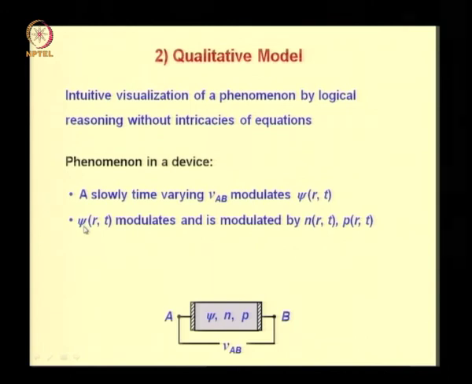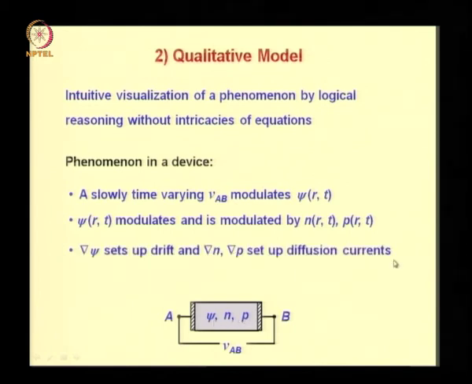The next step is that the potential distribution psi modulates and is modulated by the electron and hole distributions as a function of space and time. So you have psi, n and p inside the device. They have effects on each other. The gradient of psi sets up drift and the gradients of n and p set up diffusion currents.